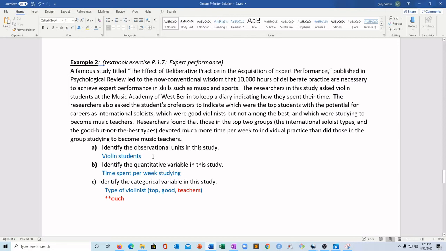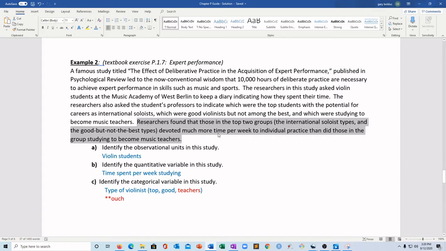We have to think about, well, what's the information? So part B says identify the quantitative variable in this study. Quantitative, numbers. So go back to this line. It's all in this line here, right? I'm looking for some description of violin students that makes me think of numbers. So I see those in the groups, no, that's type, that's not a number. And then I see devoted much more time per week, time, number.